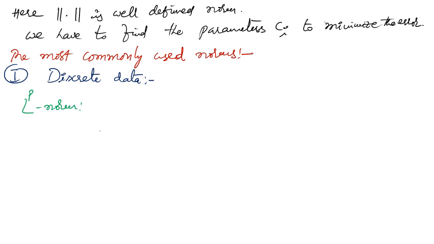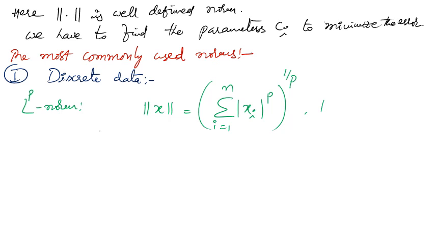This LP norm is defined as norm x equal to summation i equal to 1 to n, the data values x1, x2, x3 and so on, modulus of xi to the power p, and this whole to the power 1 by p, and p must be greater than or equal to 1. Here, what are the discrete values?